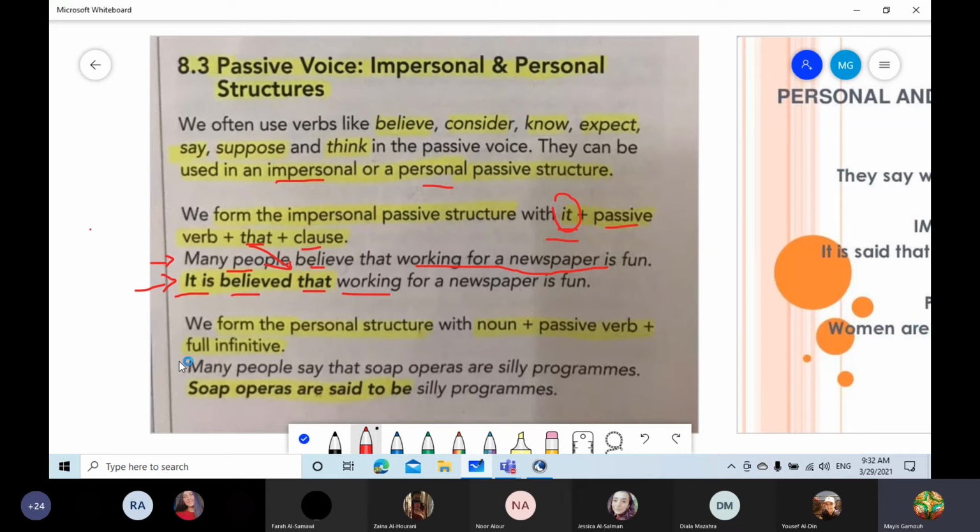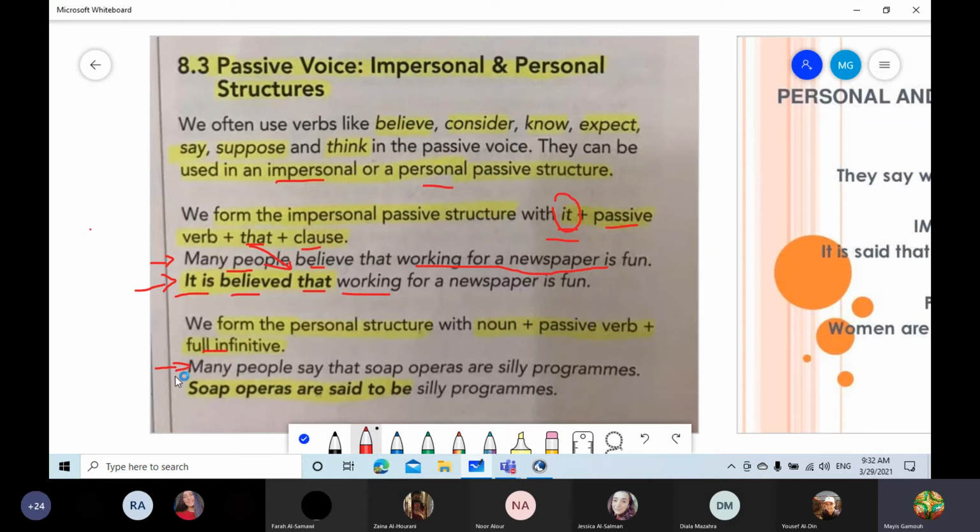What is the full infinitive? It is the phrase to plus the base form of the verb. My full infinitive is the phrase to plus the infinitive form of the verb, the base form of the verb. Let's clarify it with an example.